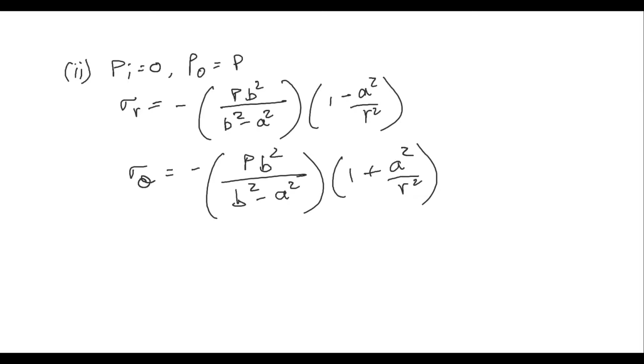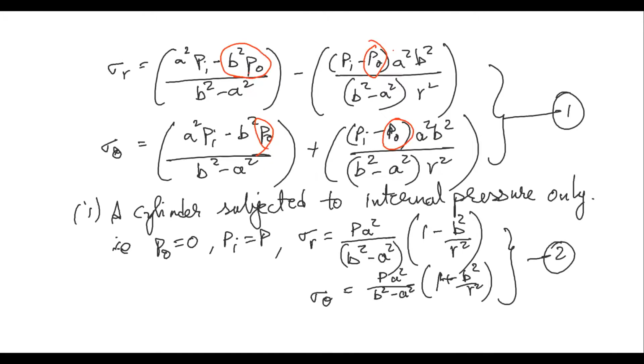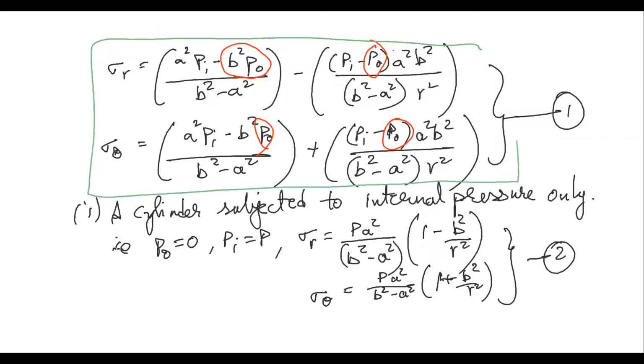Okay, this is the formula for when the internal pressure is 0 and the external pressure is not equal to 0. So the basic formula is this one, which will be useful for you to remember, so that you can apply it for the given problem if there is an internal pressure or external pressure.